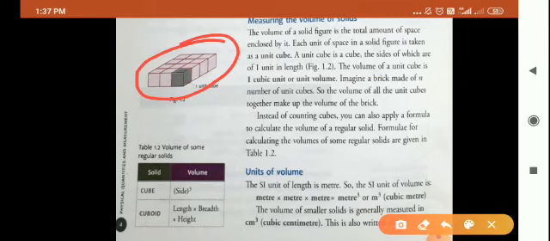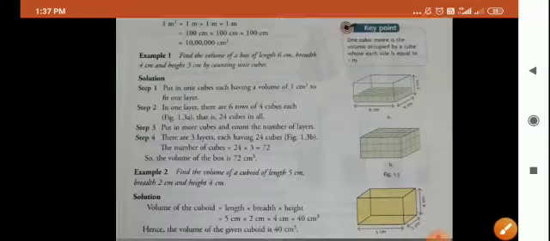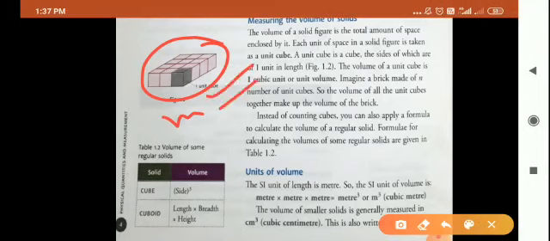Now suppose you have to find the volume of a brick. So what are we going to do? We are going to divide the space of the brick into the form of unit cubes. छोटे छोटे cube के form में हम उसके space को divide कर देंगे. And suppose we say that the brick is made up of n number of unit cubes, and you have to find the volume of this brick.